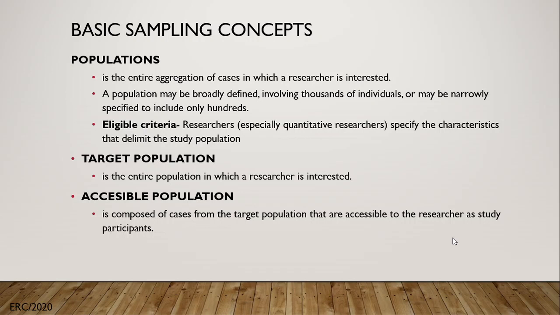Researchers establish criteria to determine whether a person qualifies as a member of the population, although populations sometimes are defined in terms of characteristics that people must not possess through exclusion criteria. For example, excluding the people who do not speak English. Okay, target population naman is the entire population in which a researcher is interested.